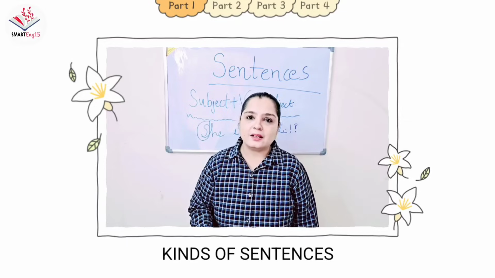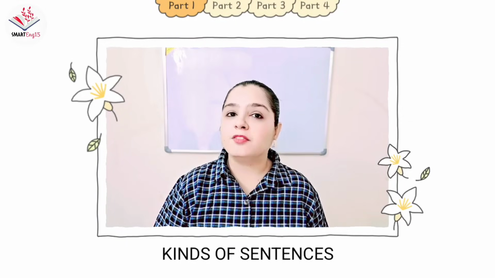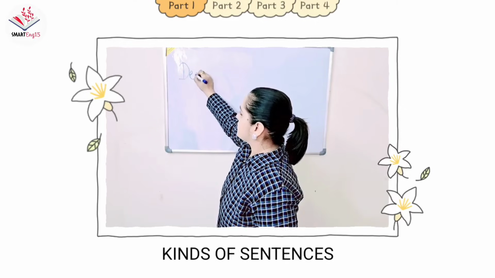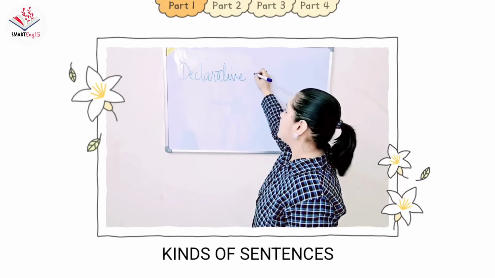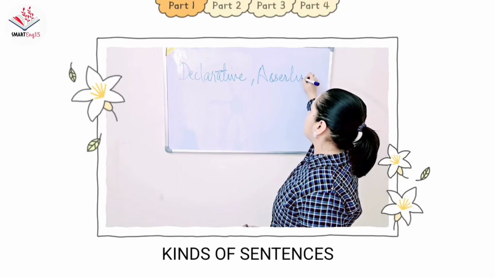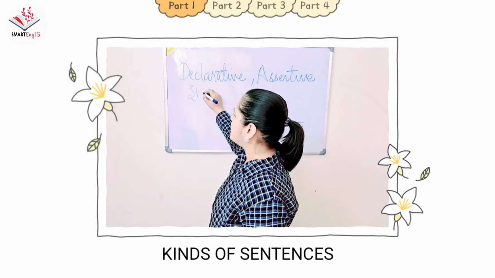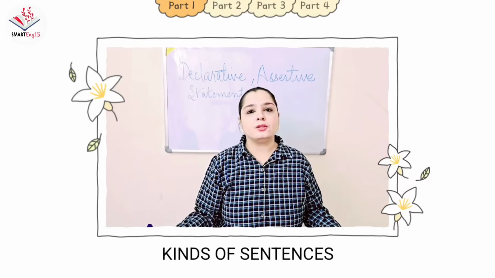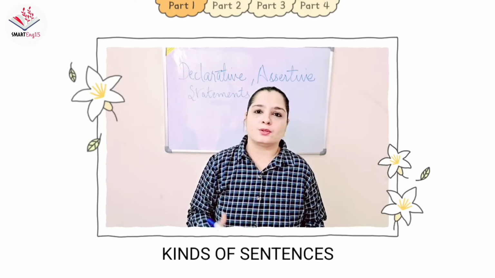Now let's learn how many kinds of sentences exist. Let's learn the first type of sentence, that is declarative sentence. We also call it an assertive sentence. These kinds of sentences are generally statement sentences. This means simple sentences in which there is no expression, no question, no surprise, no feeling, no order.